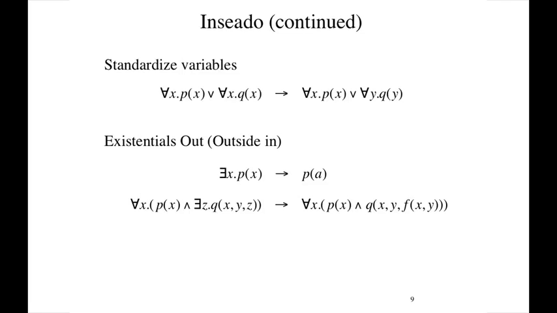Any function defined in this way is called a Skolem function. So the example here illustrates the transformation. It assumes f is not part of the language. In the case shown here, the existentially quantified sentence contains a universally quantified variable x and a free variable y. And so we create a term by taking f and applying it to x and y.